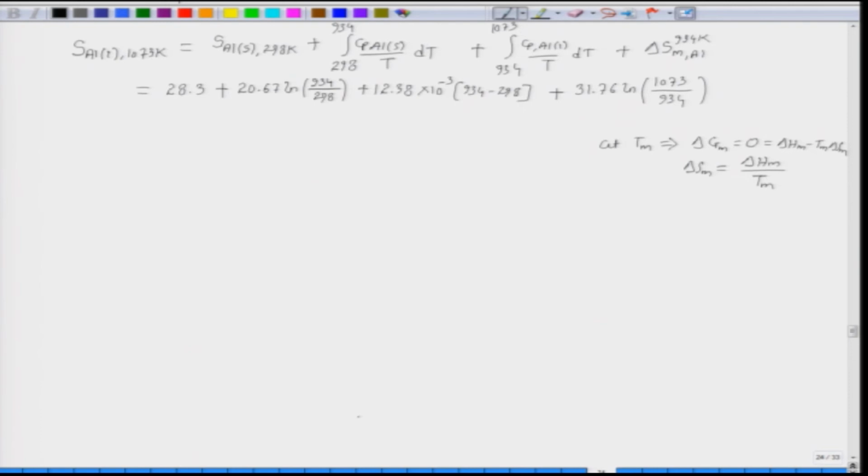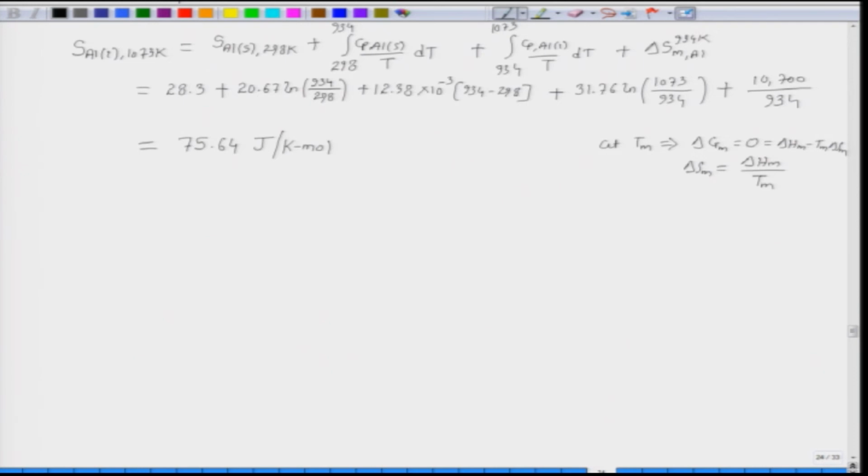So, we know delta Hm is 10,700 divided by 934. So, we get delta Sm, which will be 10,700 divided by 934. So, if we evaluate this, we get the entropy of aluminum at 1073 Kelvin to be 75.64 joule per Kelvin per mole.